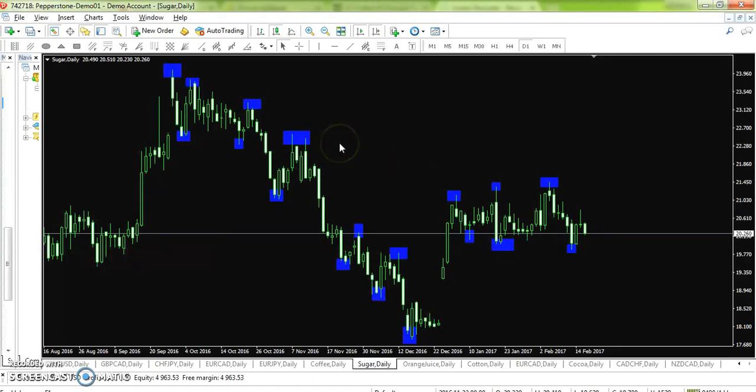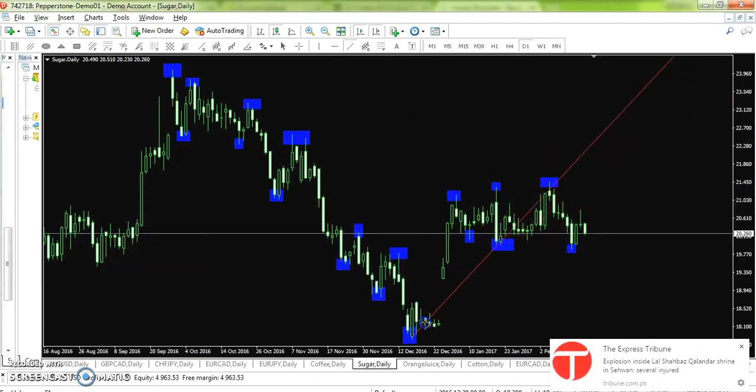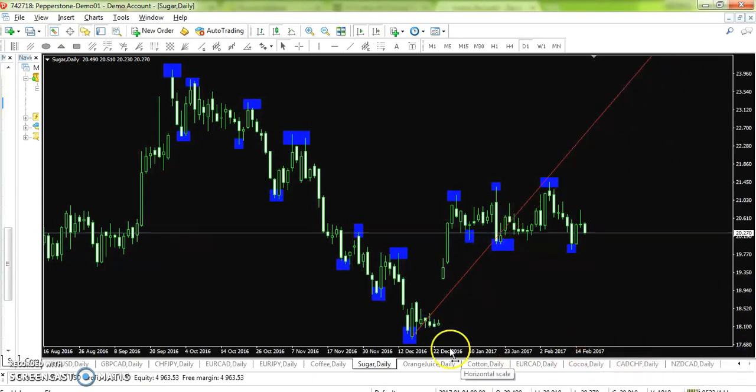So what I have to do now is draw a trend line, and I connect the trend line to the points. This is the lowest low point, and this is another lower point.